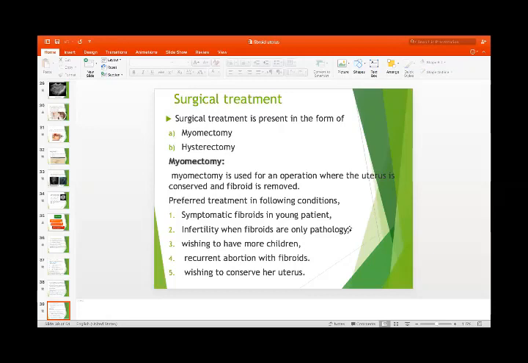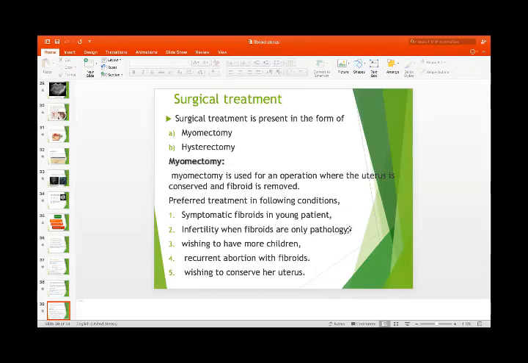Now, surgical treatment. Surgical treatment is in the form of conservative surgery or radical surgery. So conservative surgery is myomectomy, in which we remove only the fibroids, and hysterectomy, in which we remove the whole of the uterus along with the fibroid. Myomectomy is the operation of choice when the patient wants to conserve the uterus.